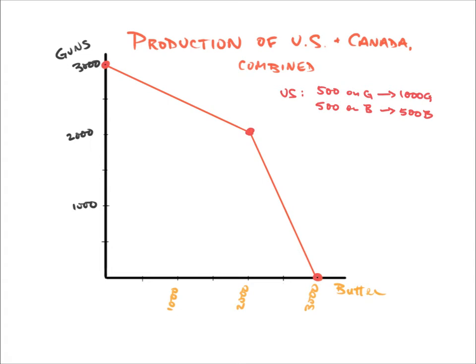Right, that's something the U.S. could do. And then Canada just uses all 1,000 saltpeter on butter. Then that would be 2,000 butter. And so when you add them together, that would be a point like 2,500 butter and 1,000 guns would be feasible.